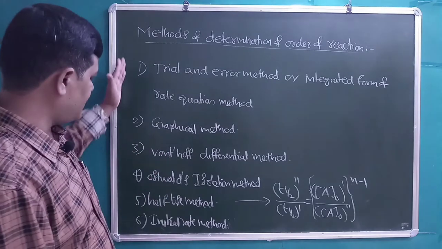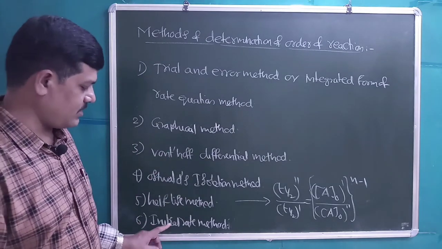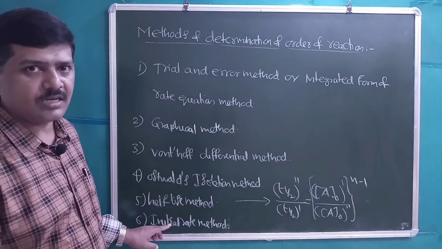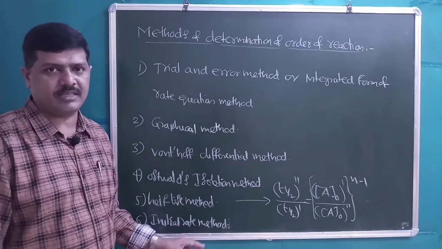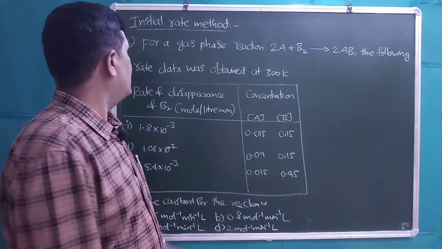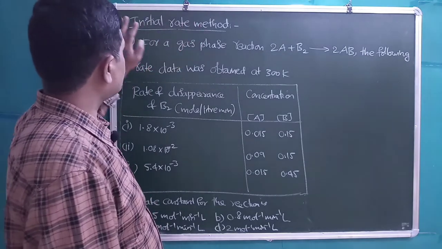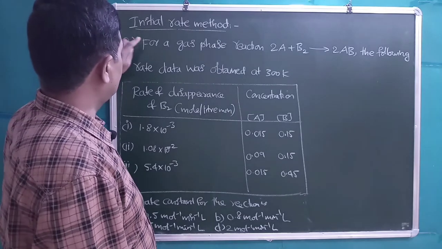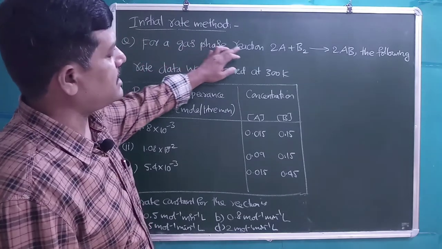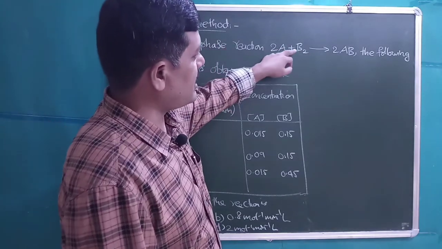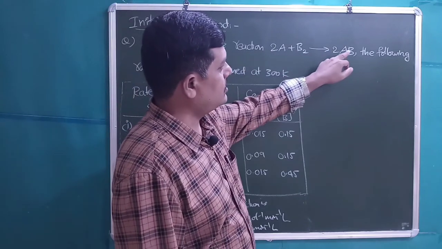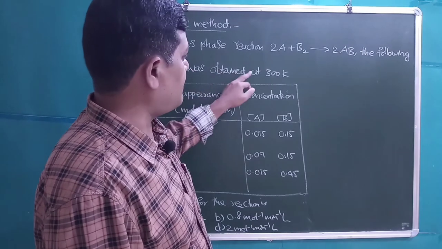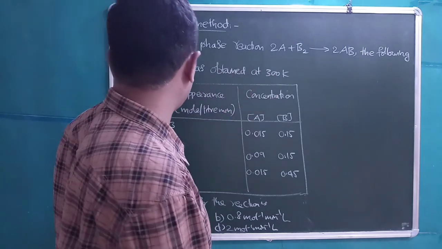Students, out of these 6 methods, mainly we have the initial rate method in the syllabus. Let us take one question and discuss the initial rate method now. For a gas phase reaction 2A plus B2 gives 2AB, the following rate data was obtained at 300 Kelvin.